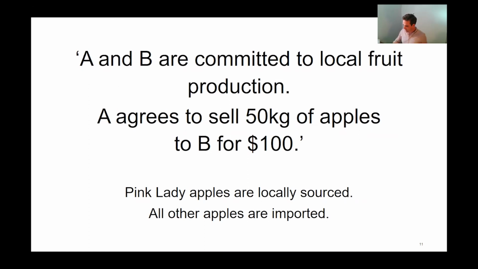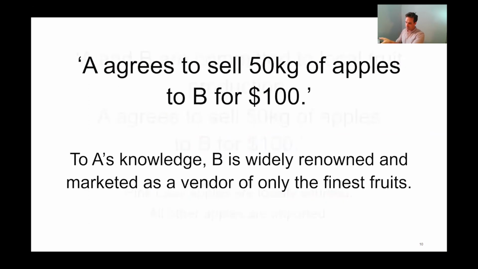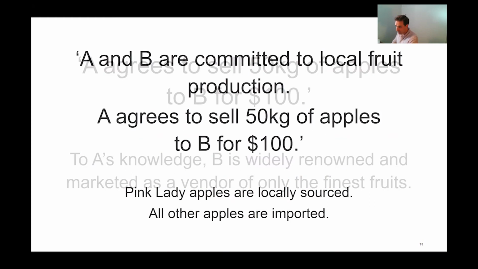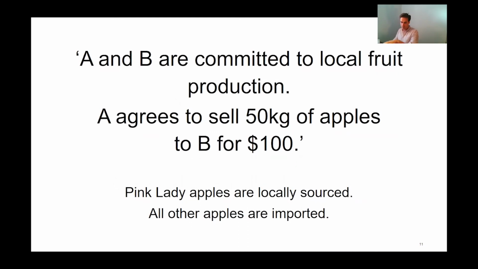Now you see the difference between these two examples. In the previous one, the purposive argument's a little bit flimsy and it's founded outside the text, whereas with this example, the purposive argument that a sale of pink lady apples was objectively intended is founded in the preamble in light of background.